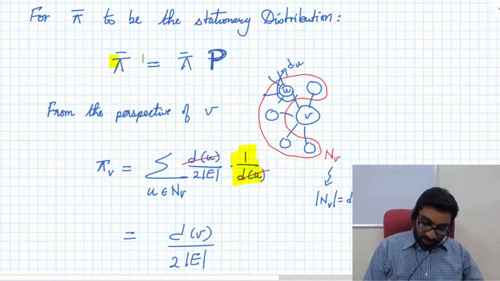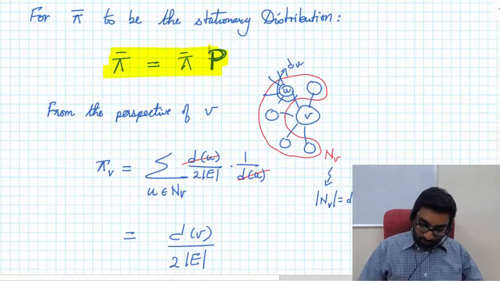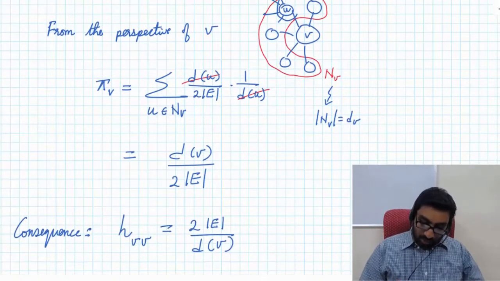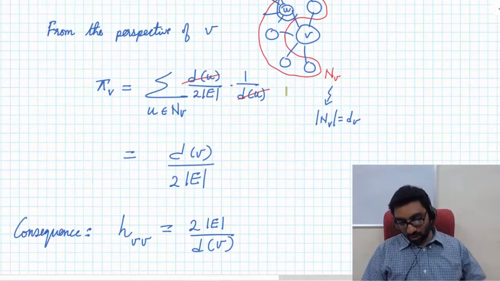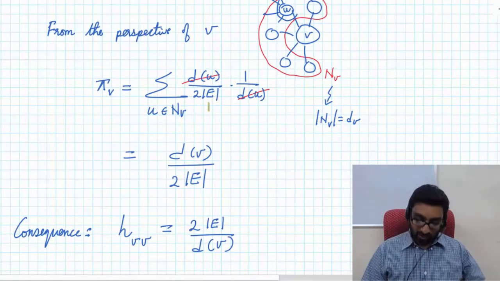Canceling these two d_u's, we get 1 over 2 times the cardinality of the edge set.